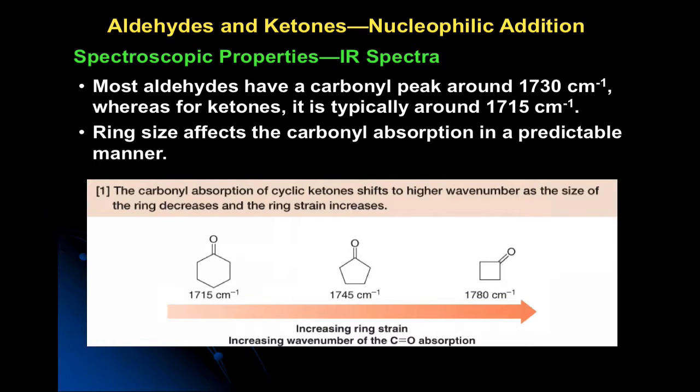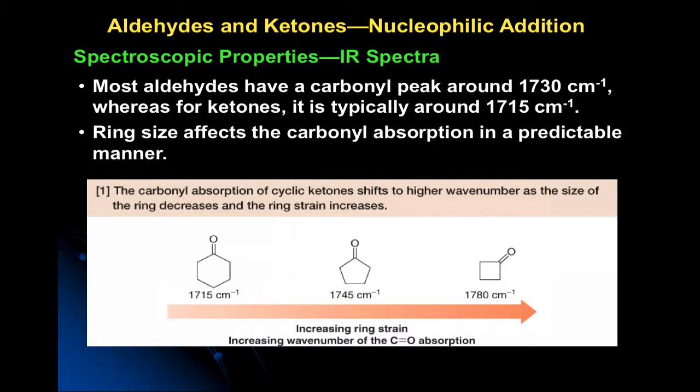We can also tell what type of ring we have in these types of cyclic ketones by our IR spectrum. For example, if I gave Obri cyclohexanone, cyclopentanone, and cyclobutanone, and I said our NMR is broken, figure out for me which bottle contains what.